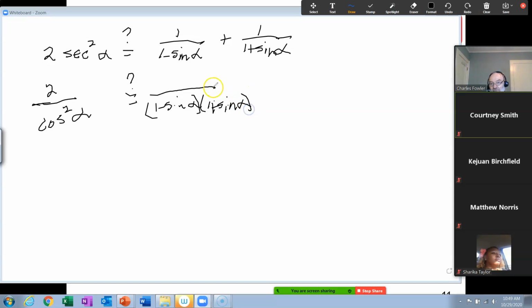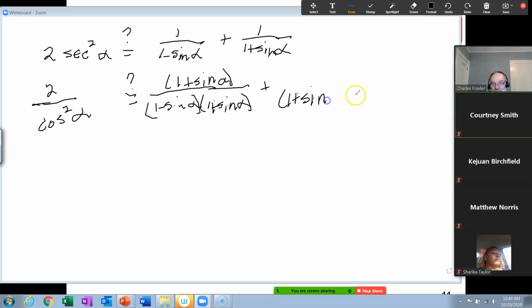But what did we do? We just multiplied the denominator by 1 plus sine alpha. That means we have to multiply the numerator by 1 plus sine alpha. Plus, this denominator was already 1 plus sine alpha.